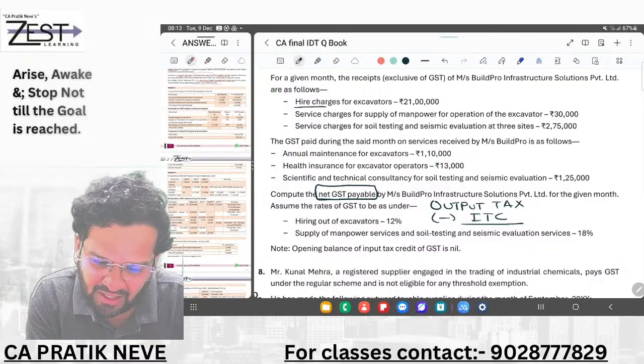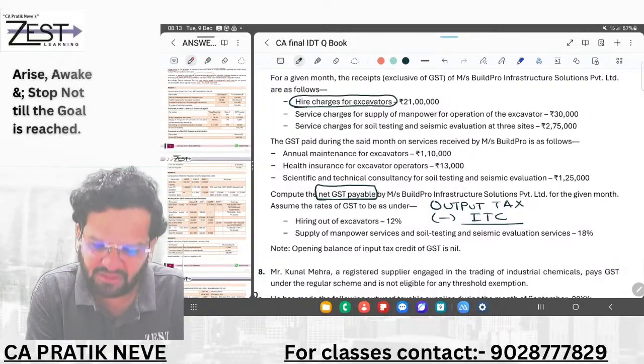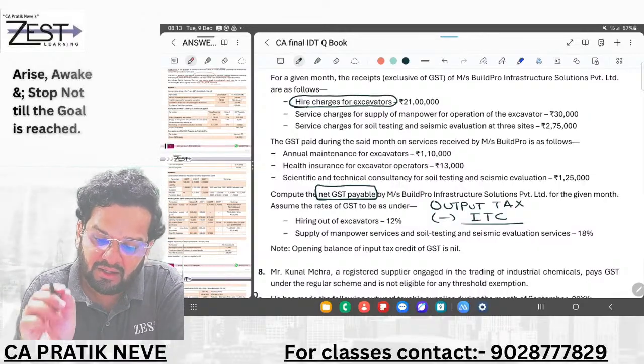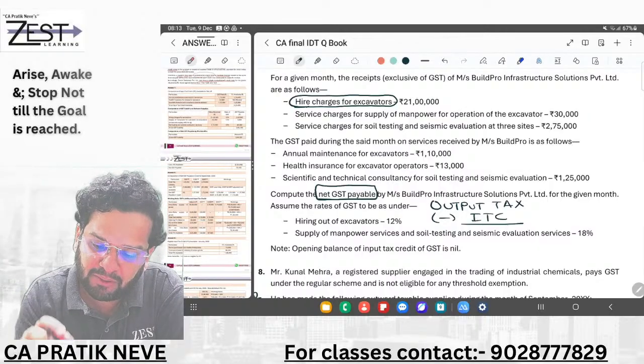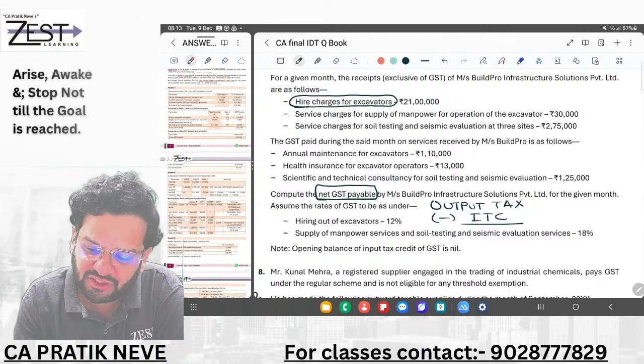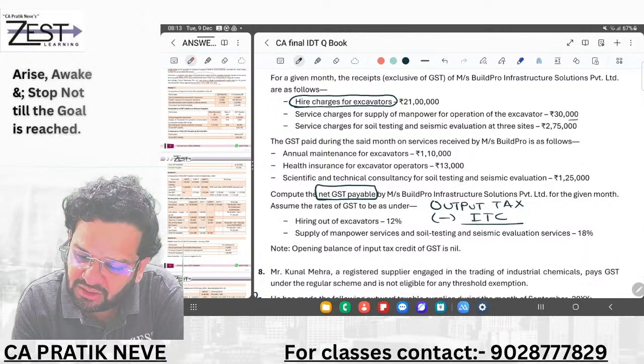See, the hire charges for excavators are 21 lakhs. The service charges for supply of manpower for operation of the excavator are 30,000.